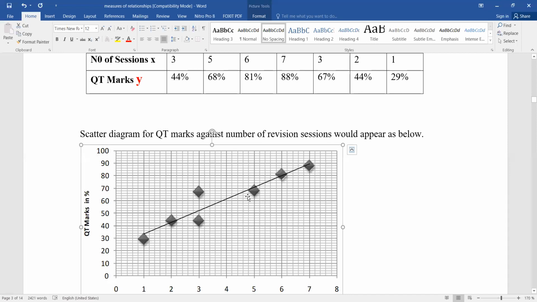If you find out that you cannot draw the straight line, then it implies that there's no relationship. That is, they are scattered. We can either draw it sloping from right to left, like it is, or it can slope from left to right. If it slopes from left to right, then it shows that there's a negative relationship.